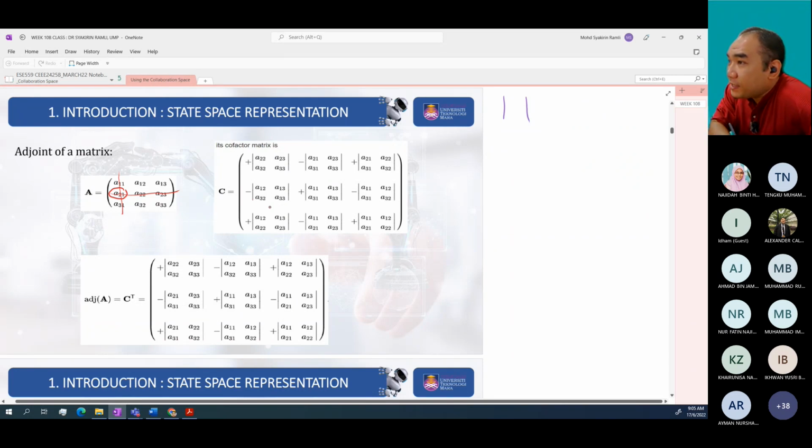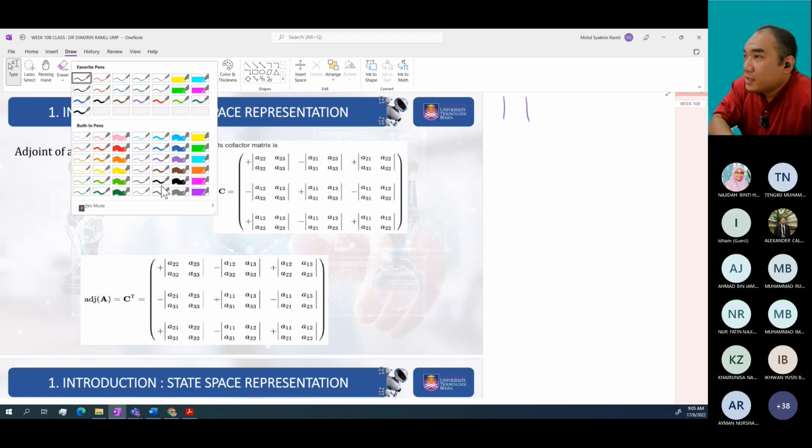So you can see that from here we determine the determinant of A12. Okay, inilah A12, and then we got A13, A32 dan juga A33. What about this one? Okay, this one we got from here.